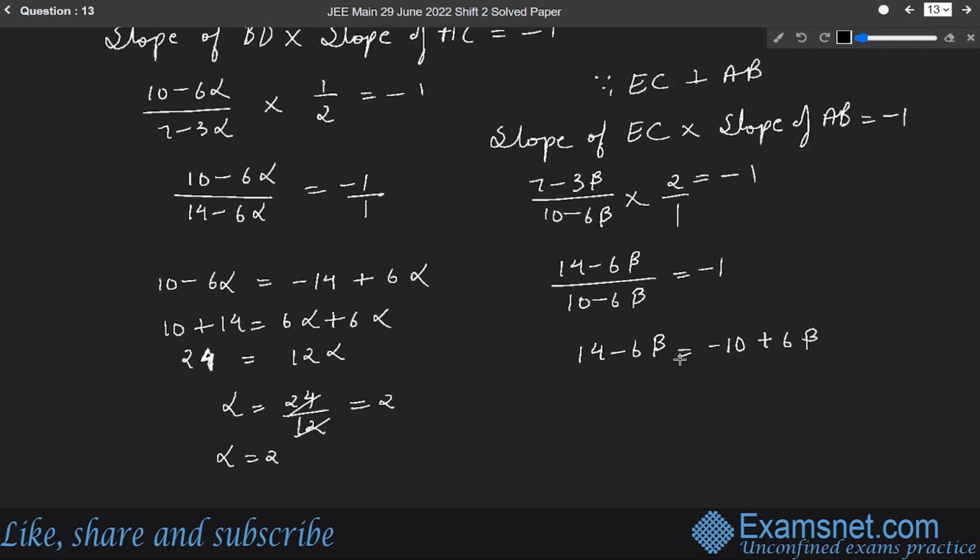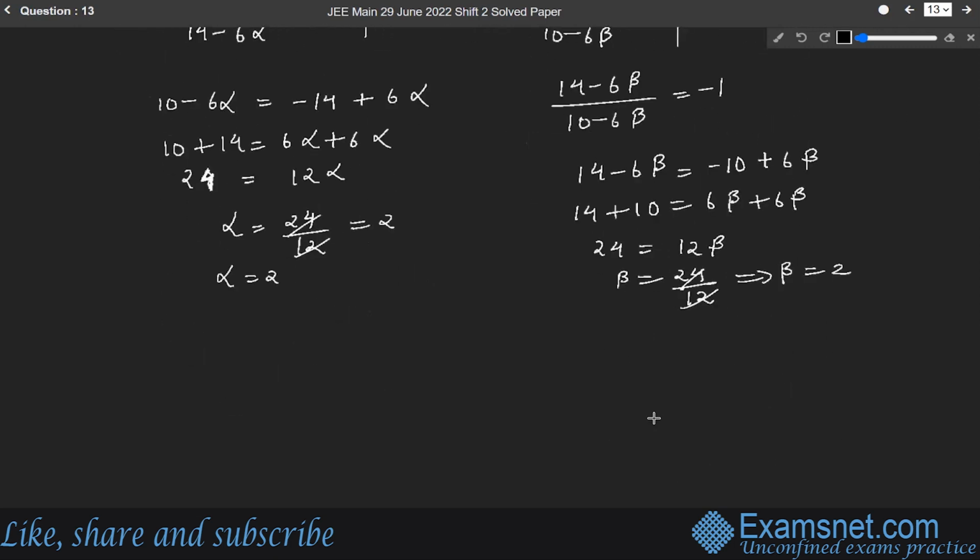Now let us take the numbers on one side and the terms for beta on another side. So 14 plus 10 is equal to 6 beta plus 6 beta. Again 14 plus 10 is 24. So 24 will be equal to 12 beta. Again beta will be equal to 24 by 12. So the value of beta is also 2, right?